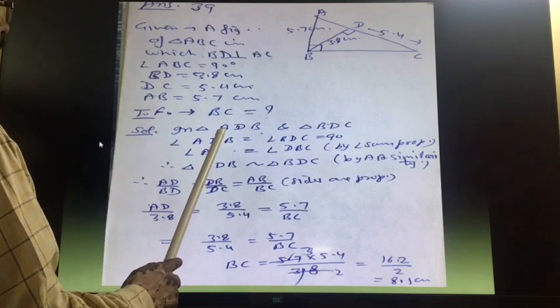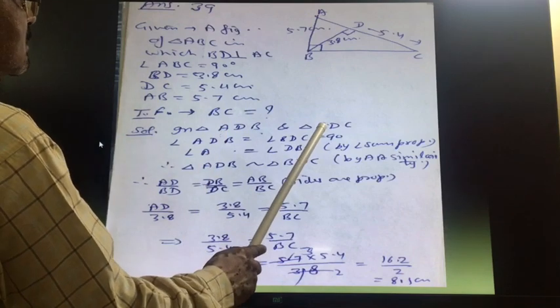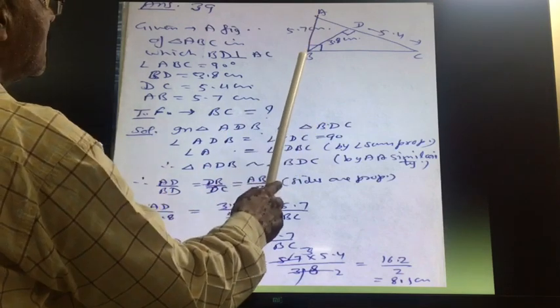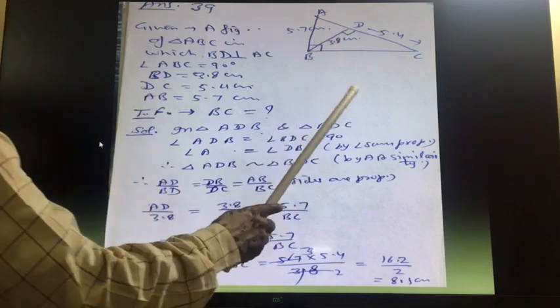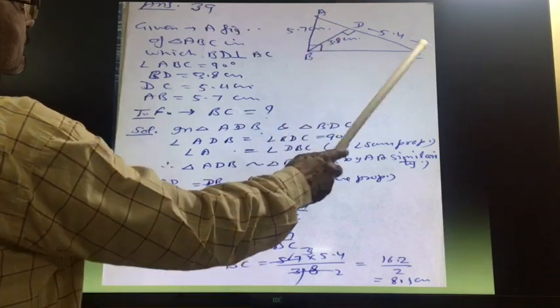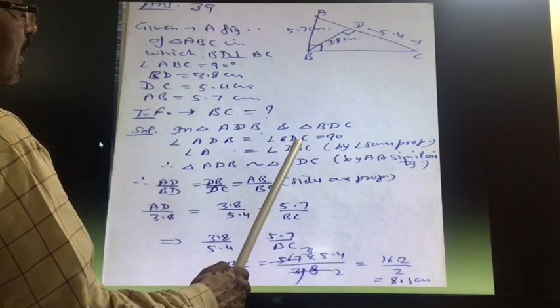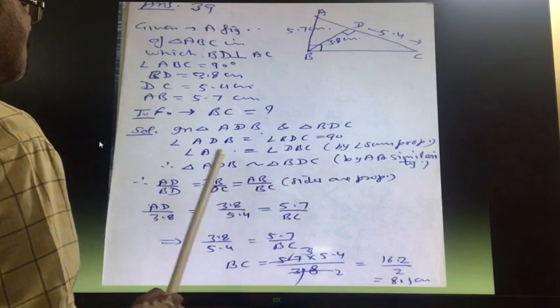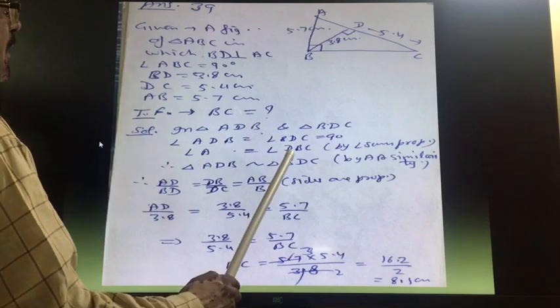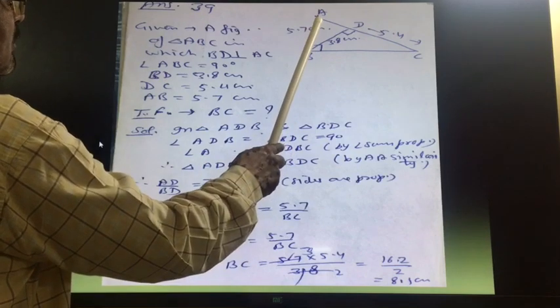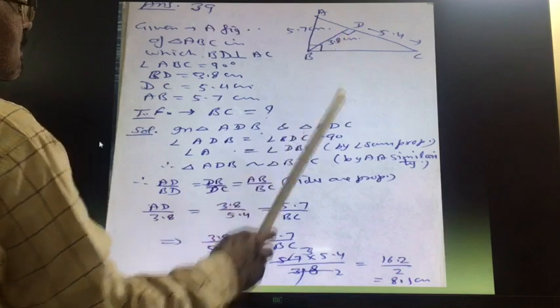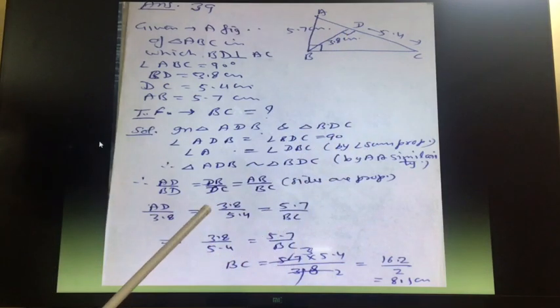Now we will take triangle ADB and triangle BDC. So ABD and BDC. In these two triangles, angle ADB will be equal to angle BDC, 90 degree, and angle A will be equal to angle DBC. Angle A will be equal to angle DBC by angle sum property.